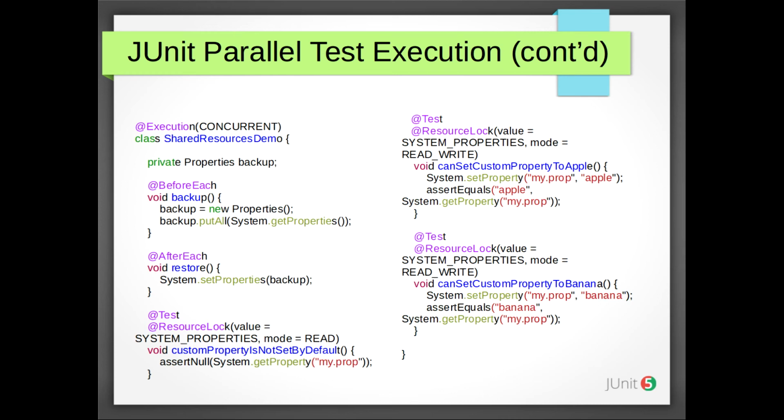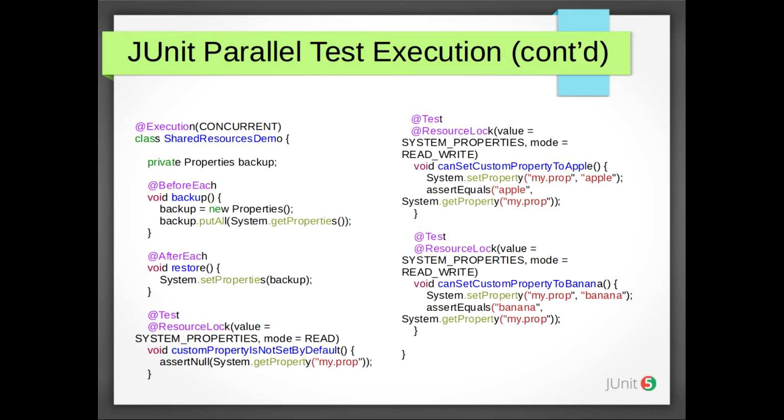Apple value or the value of the property, set it to Apple, let's say, would write app, and then would get preempted, and basically the canSet custom property to banana would run, and would set it to banana, and then it would get finished with the run, and that one would resume and write the LE to the property, and you would get gibberish of some kind.